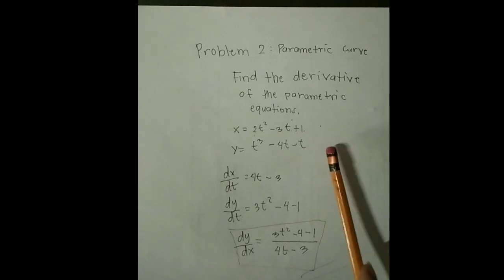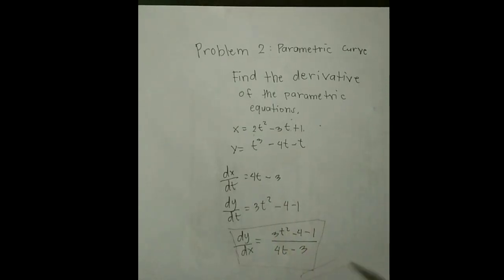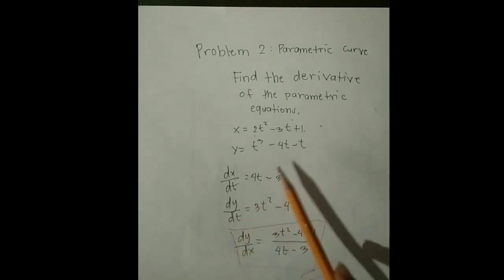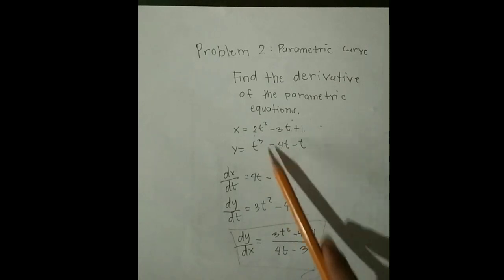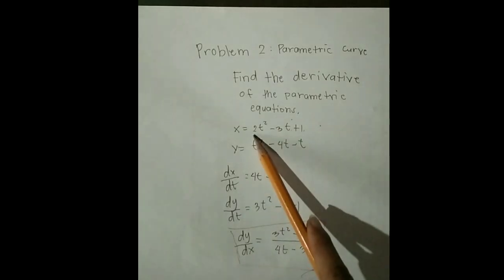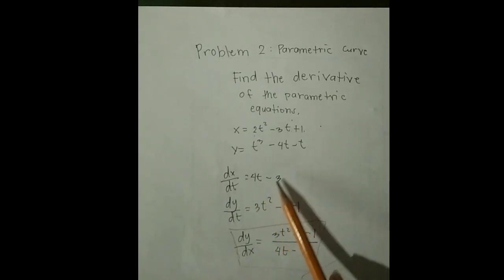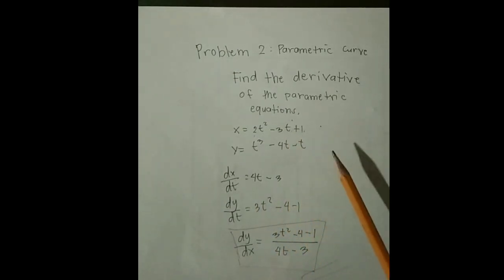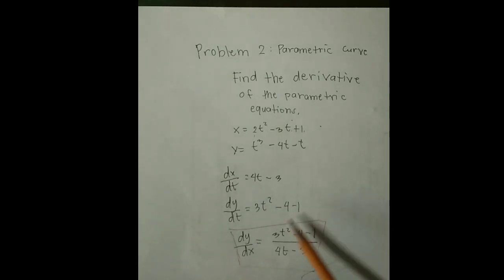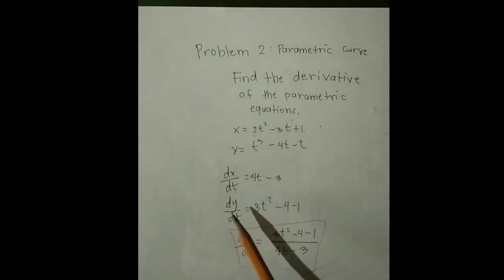Next is dy. The derivative of t cubed is 3t squared, minus the derivative of 4t, which is 4, and the derivative of t is 1. So our dy over dx is 3t squared minus 4 minus 1 over dx, which is 4t minus 3.